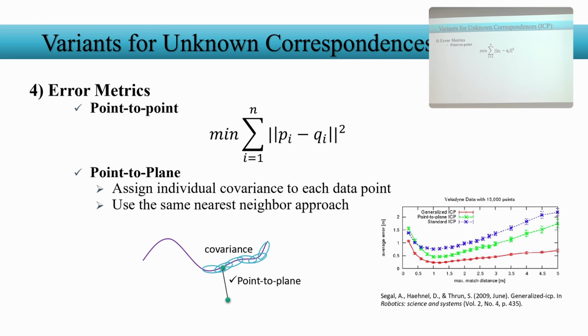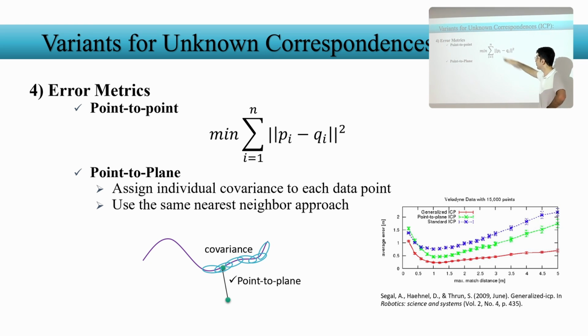So the fourth one is the error metric. The error metric of the ICP can be point to point, as we discussed already, with just the squared error of the distances of the two point clouds. But we can also have point to plane error. That is a very nice idea.